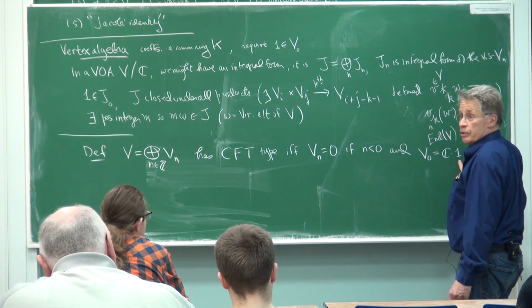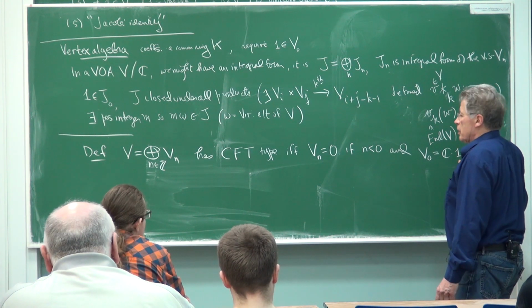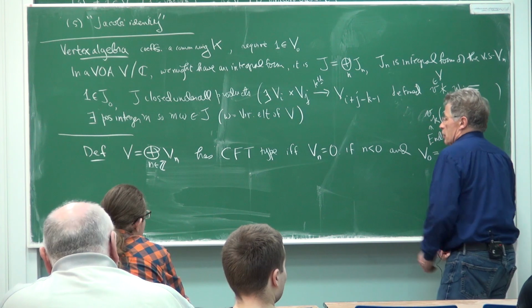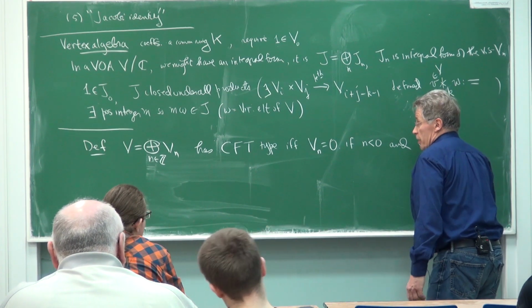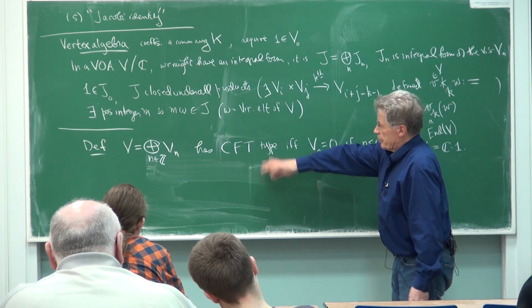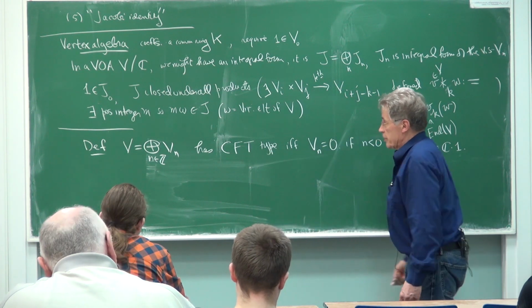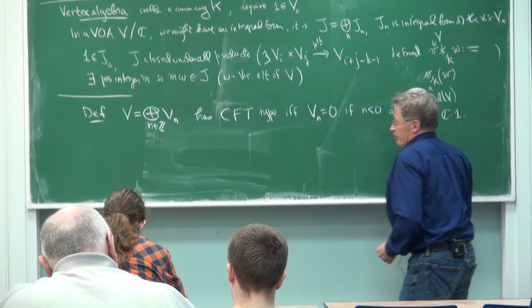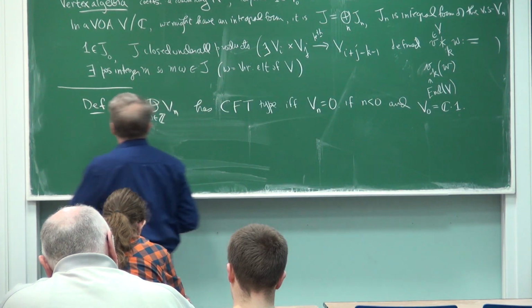The vacuum element lies in degree 0. And degree 0 could be bigger, but this is a requirement for conformal field theory type. And I think almost all the examples I'm going to talk about satisfy this. This is the most popular kind of VOA for the representation theorists.